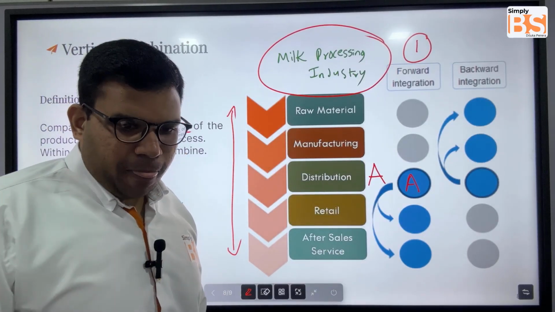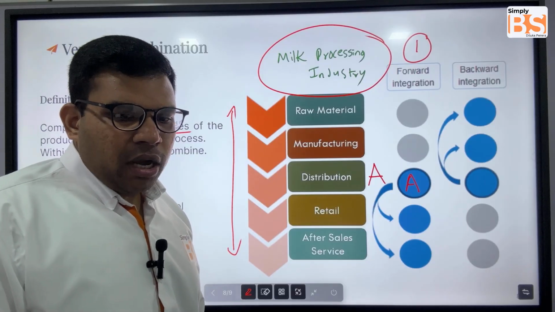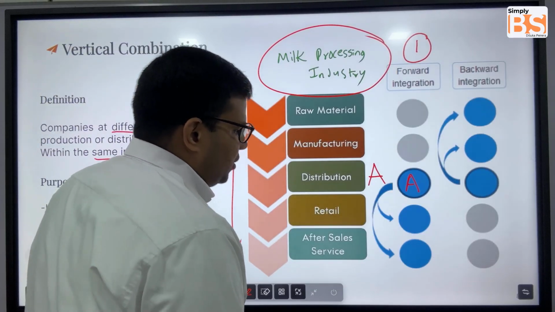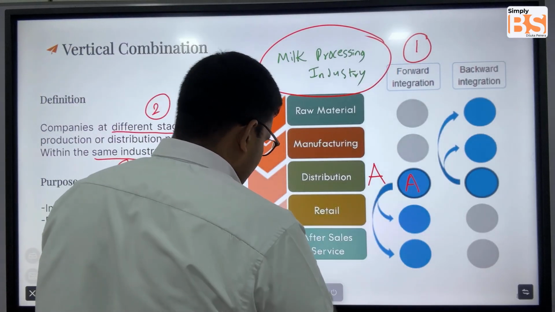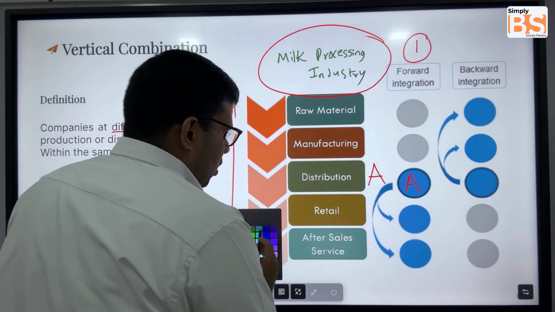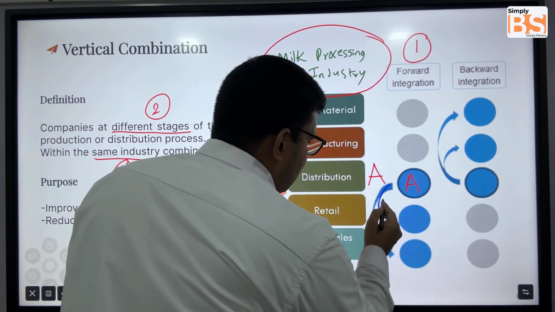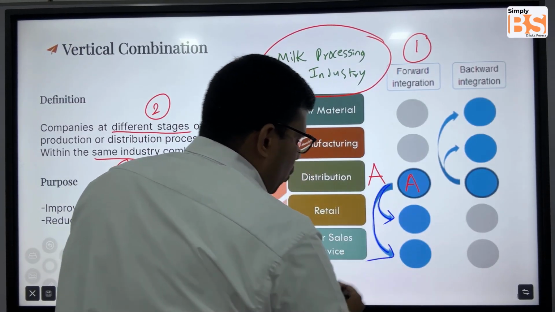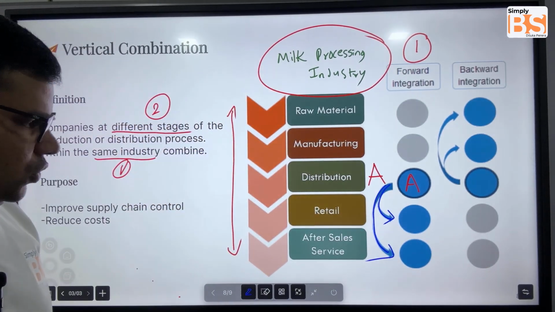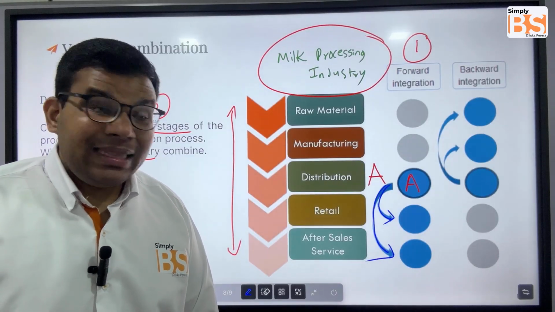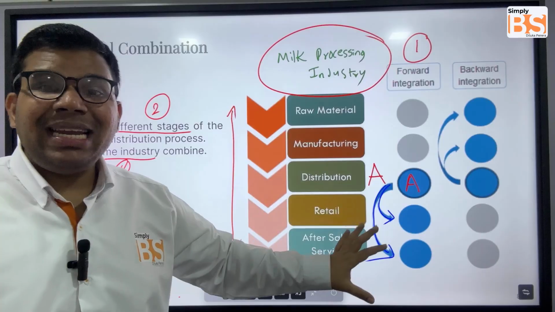Now, what if Company A moves forward and combines with a retailer or with a business organization that is involved in after sales business activities? Then this is called a forward integration.